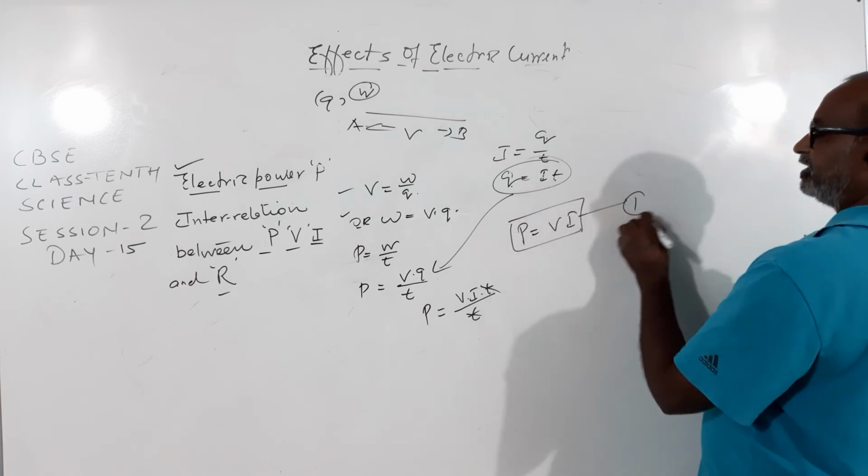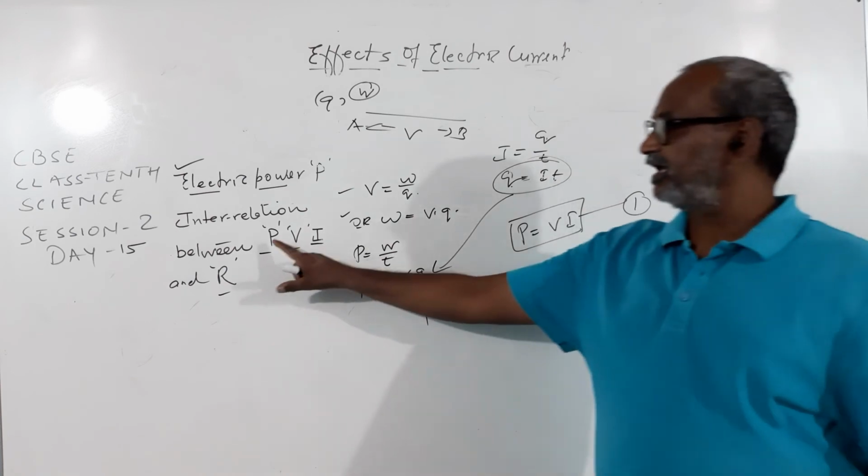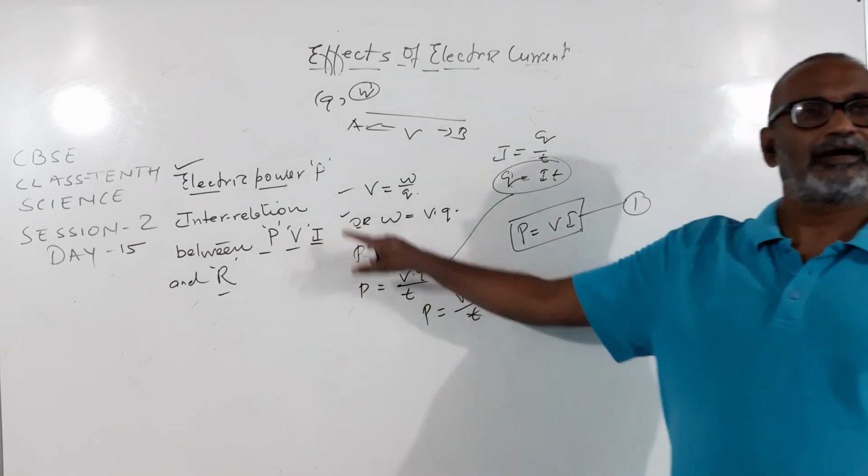This is the first relation. P is equal to V into I.